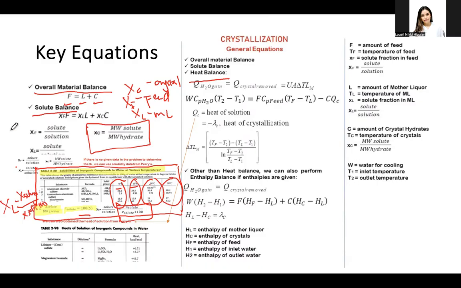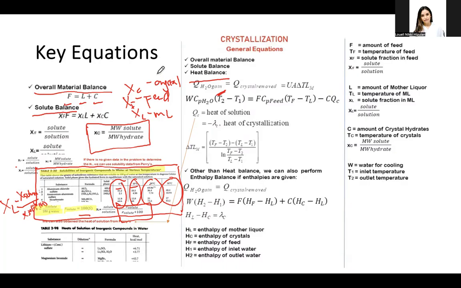Now we move to the energy side of crystallization. So, Q, or the heat gained by the water, since you're going to cool down your feed, so the water is the one that gains heat.